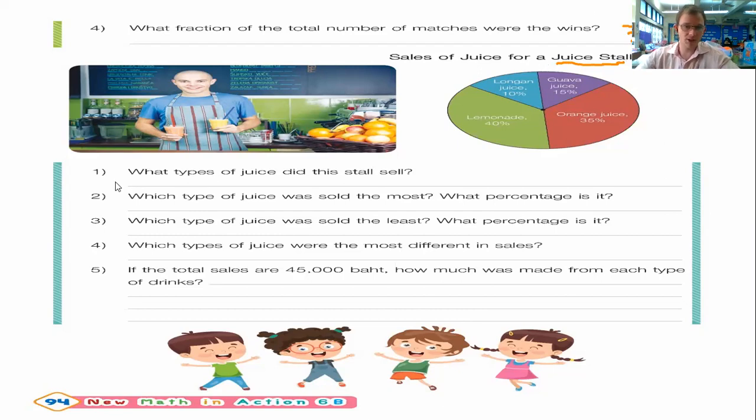So number 1, what type of juice did the stall sell? You can tell me. What types of juice did the store sell? Longan juice, guava juice, orange juice, and lemonade. Excellent. So the moment you see the S over here, what types?